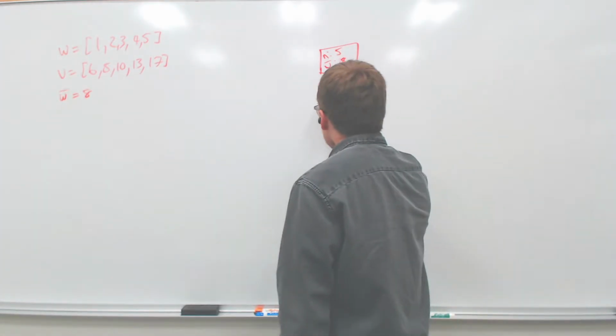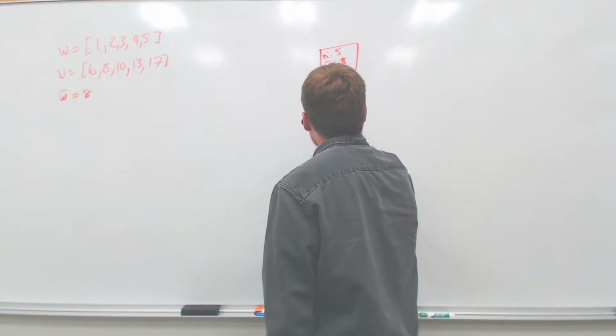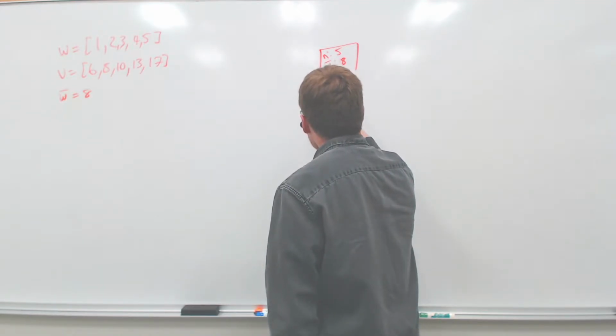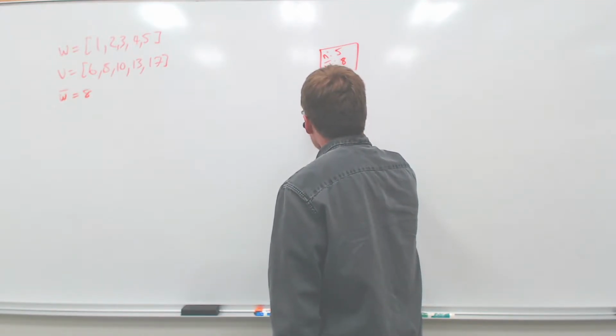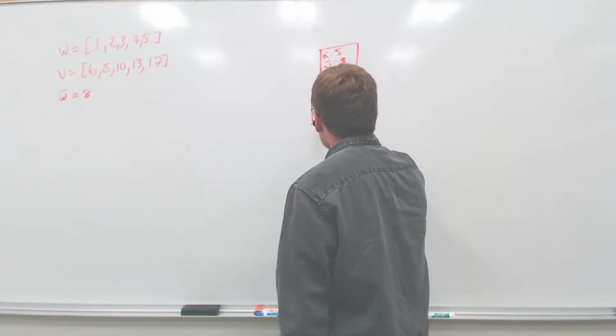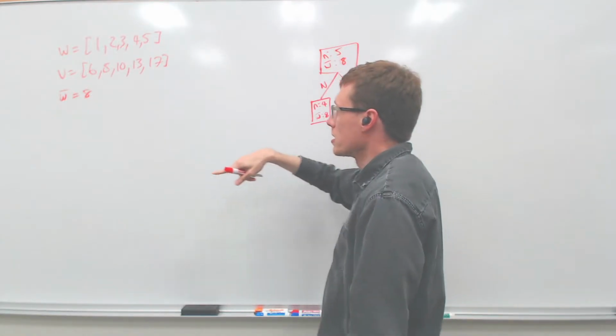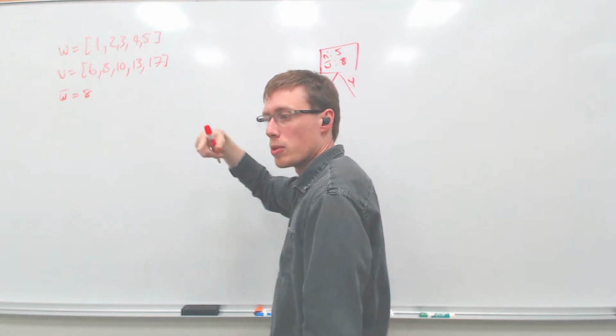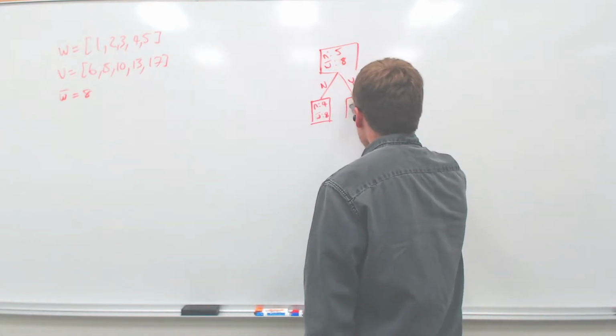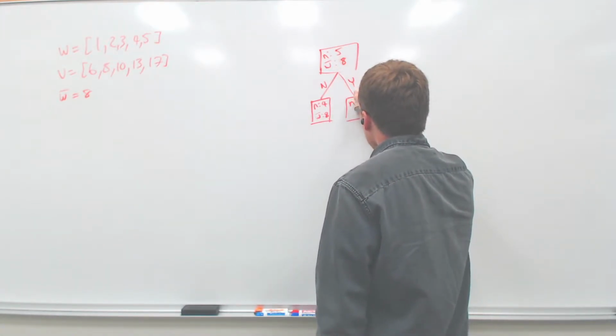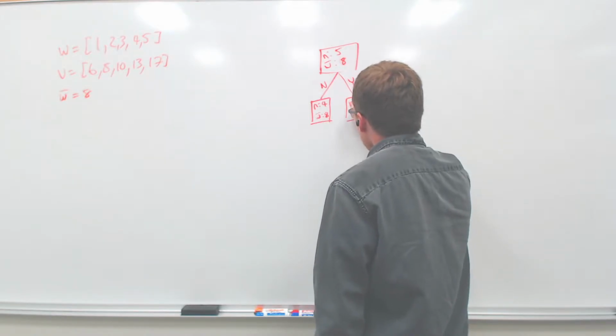And if we don't include, then we have 4 items left, and the weight is still 8. Meanwhile, if we do include, in this case, the first item is what we're considering, then the number of items is 4 still, but the weight remaining is 7.